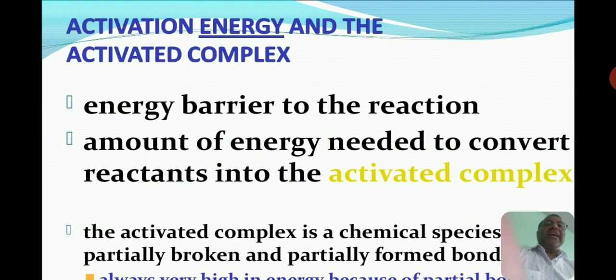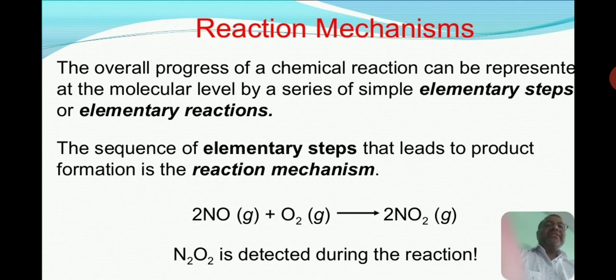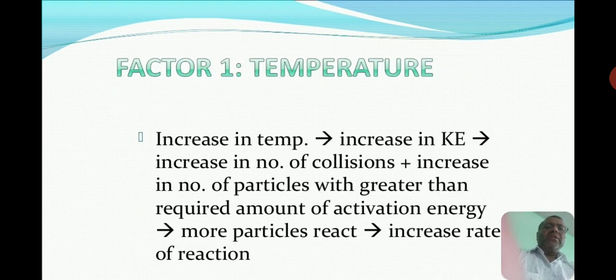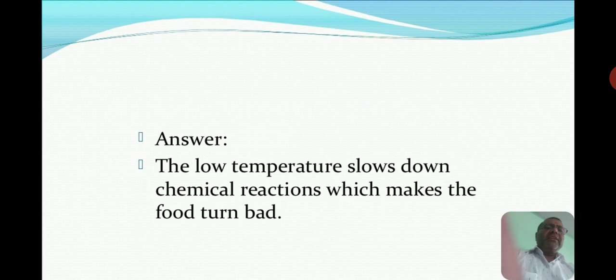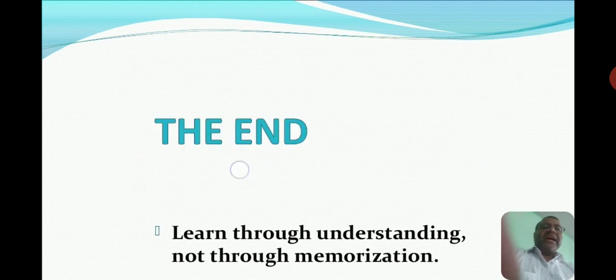Collision theory, activation energy, exothermic and endothermic reactions and reaction mechanism, all these things we have discussed. And at last, today we discussed factors affecting the rate of a chemical reaction. So I think no need to discuss it once again. This way, this chapter is now over, and wherever you feel a problem, you will discuss with me.